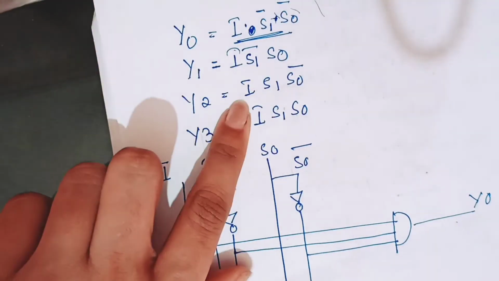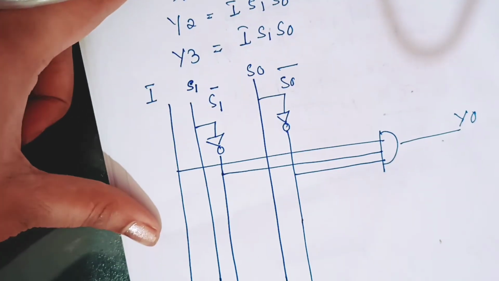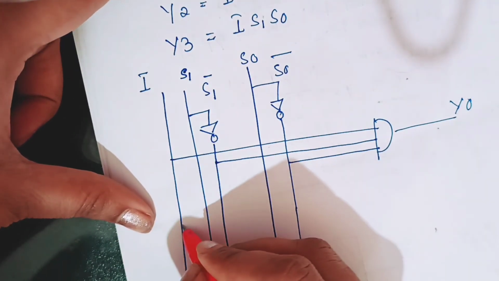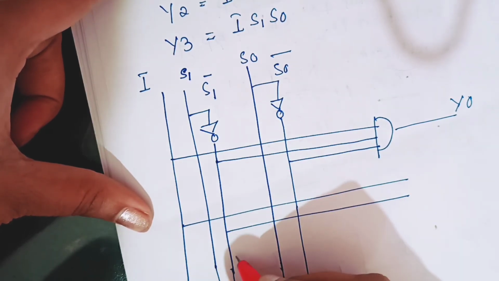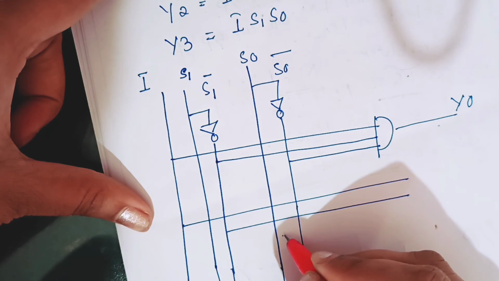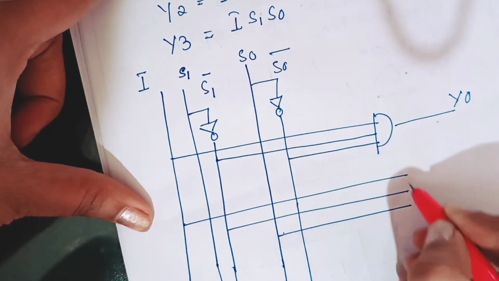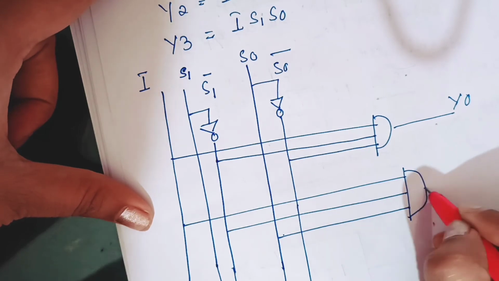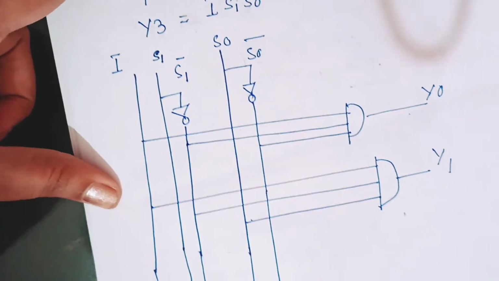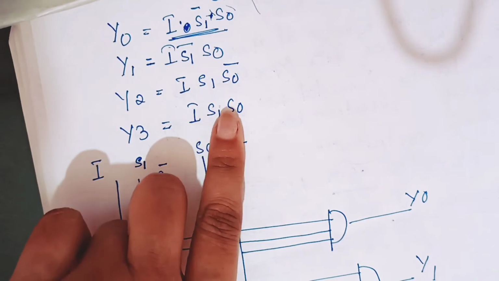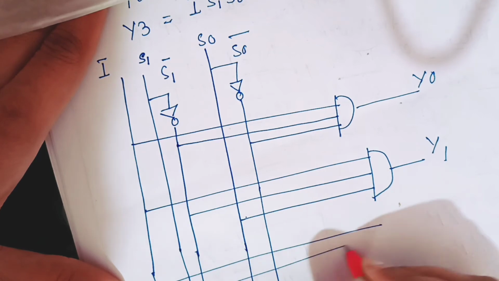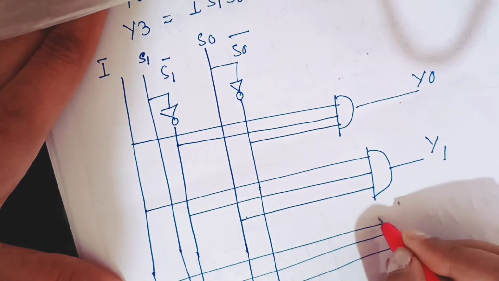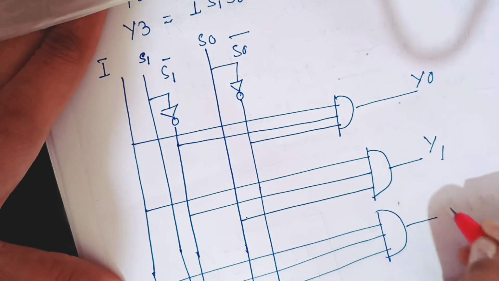Then the second one is your I S1 bar S0, and we get Y1. Next Y2: I S1 S0 bar, and we get Y2.